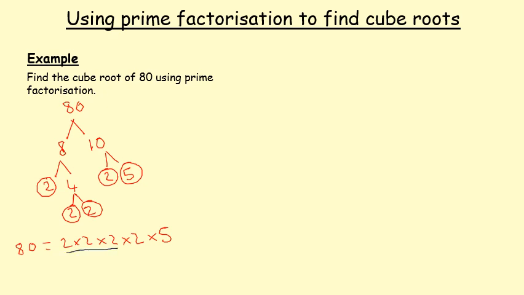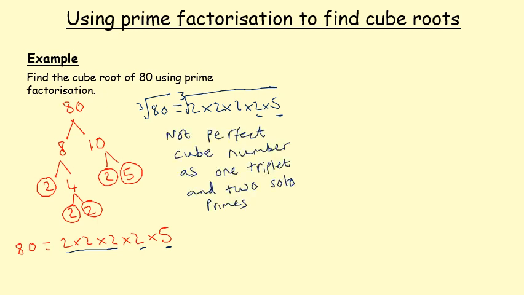We've got this, 2 times 2 times 2, but then we've got this on its own and this on its own, which means when we write the cube root of 80, although we can say it's 2 times 2 times 2 times 2 times 5, there's only one triplet in here, and then we've got these two numbers on their own. Therefore, we can say it's not going to be a perfect cube number, and we wouldn't take this any further for the sake of today's lesson.